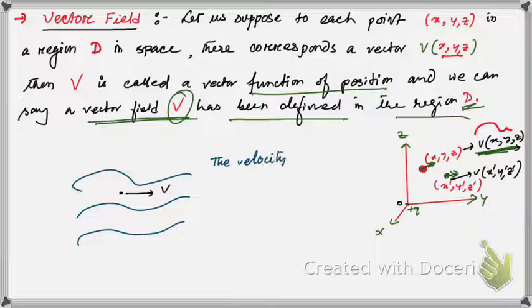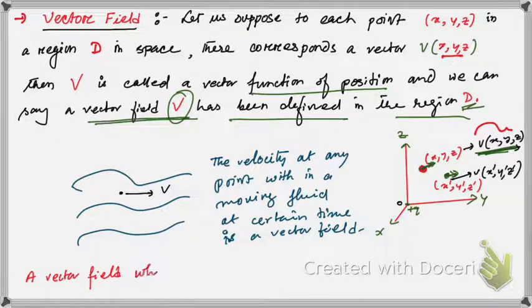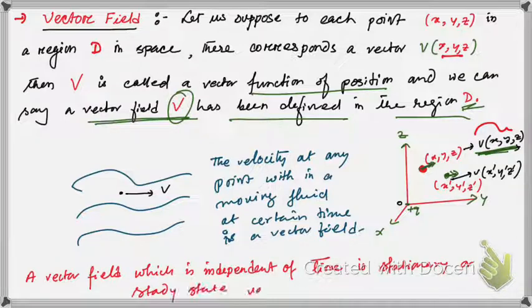The velocity at any point within a moving fluid at a certain time is a vector field. Similarly, a vector field which is independent of time is said to be a stationary or steady state vector field. Hope you have understood what a vector field and a scalar field are.